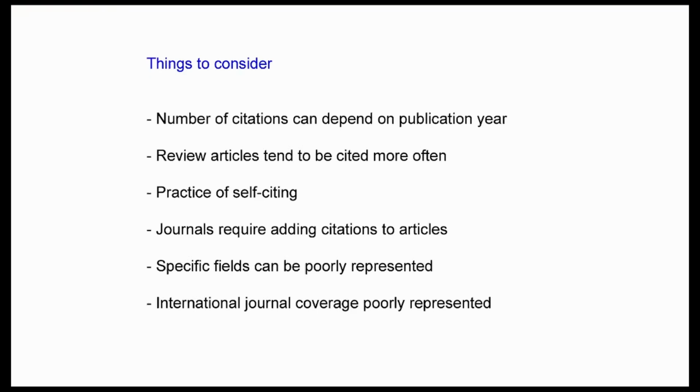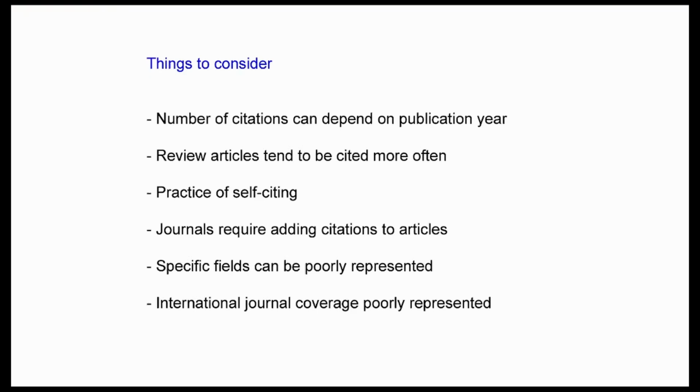If results are significant, this is what I want to add here, there is a positive bias. If there is significance between two variables in an empirical study, chances are greater that it's going to be published than if there is not.